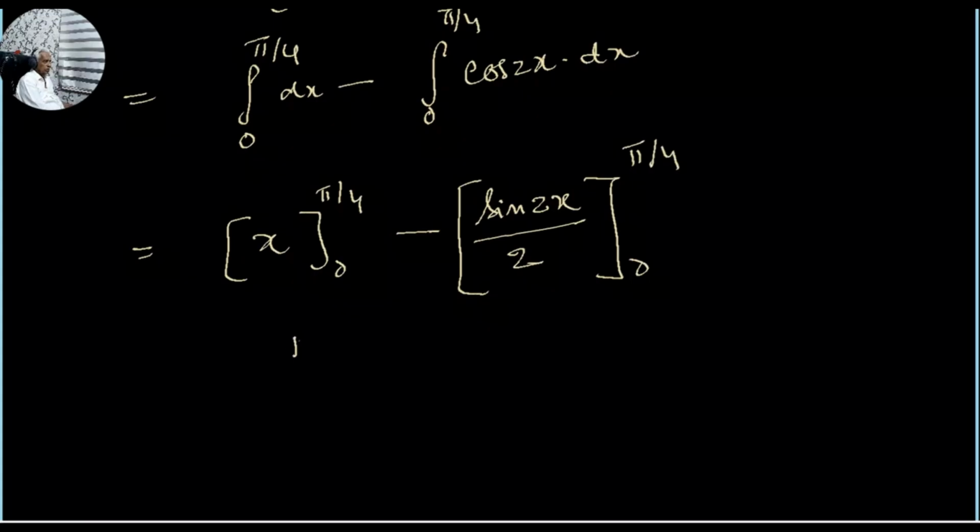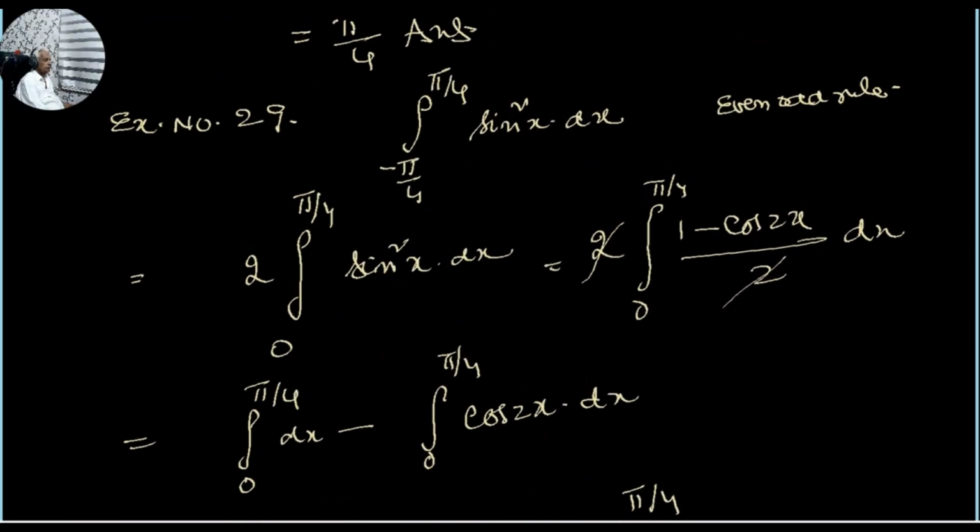So this is pi by 4 minus 1 by 4, sin 2x at pi by 2, that is 1 by 2. This is the answer for this question. So here we applied a rule called the even odd rule. If the function is even, this becomes 2 times the integral from 0 to pi by 4. If it is an odd function, it becomes totally 0.